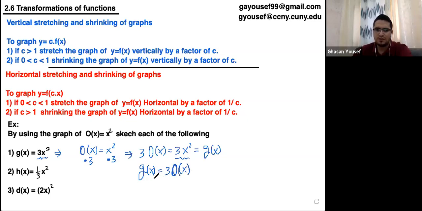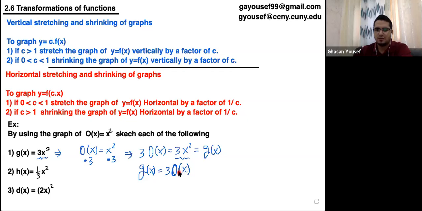Now if I go back to the vertical stretching and shrinking, I see first of all that the number 3 is outside the function, outside the parentheses of O of x.